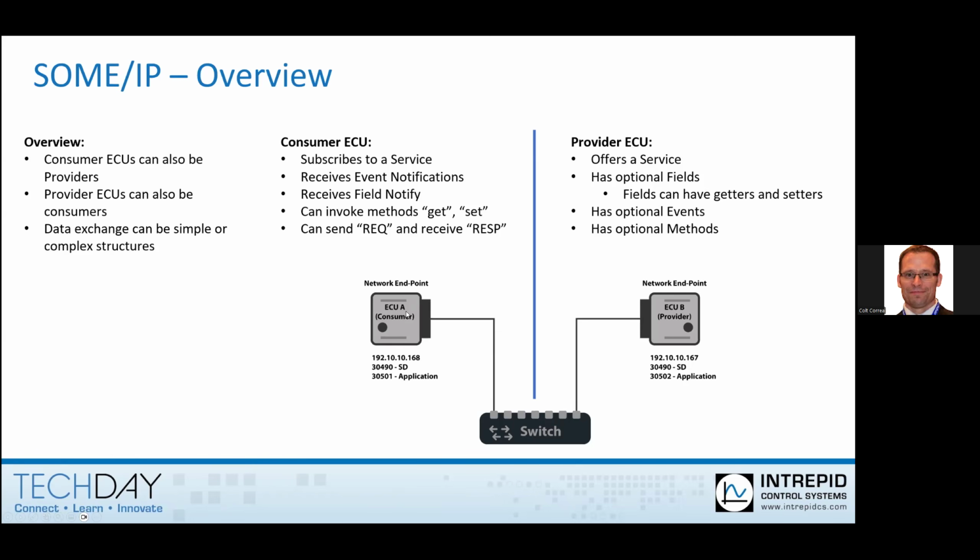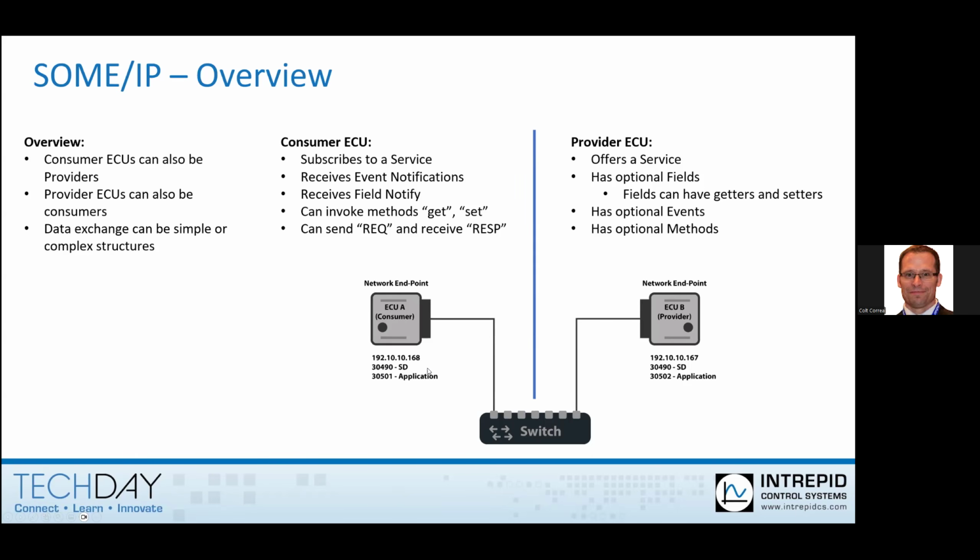So the basic network type is that you have ECU A and ECU B. A is a consumer, B is a provider, and each must be assigned an IP address with a port. There can be two different ports, one for service discovery and one for application point-to-point communication.